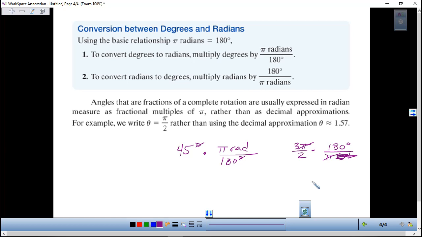Sometimes you'll actually have a pi in your degree measure because there wasn't a pi to begin with. So your degree measure is not always going to be separate from pi. Sometimes it'll still have one in there. In this case, it cancels out. But more specifically, you've got a degree on top. So when we multiply this times the degrees, we're actually converting it into degrees. So that's how you would go about doing that.